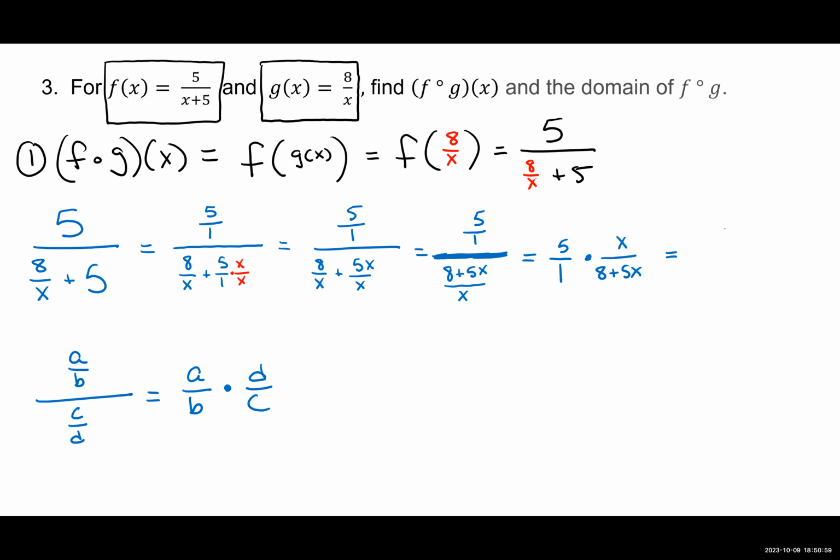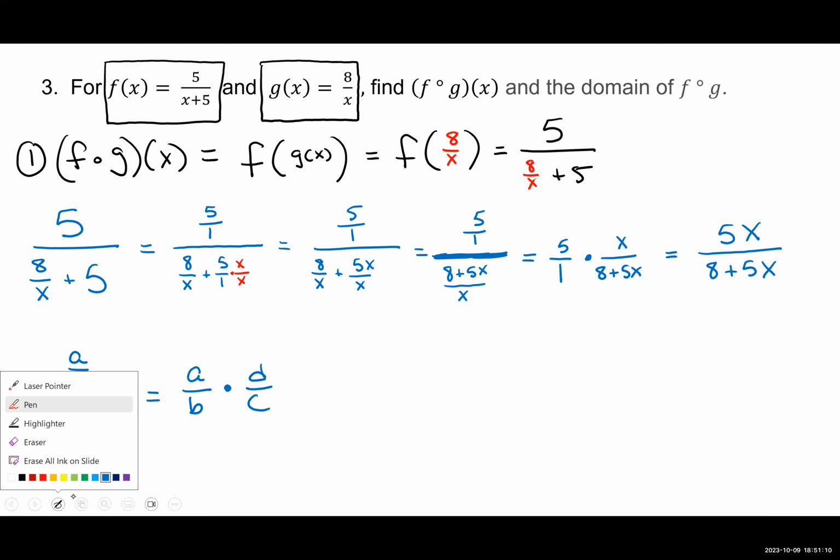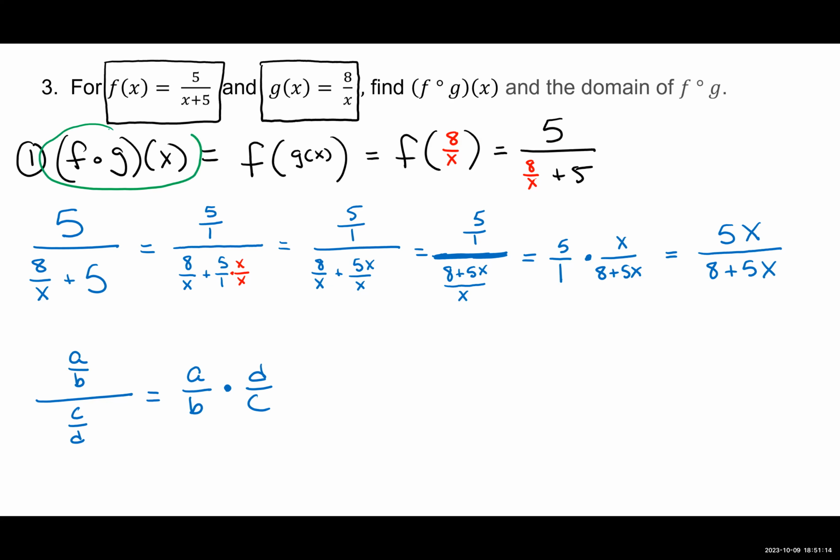So top times top, 5 times x, bottom times bottom, 1 times 8 plus 5x. And this would be our final answer, right? In simplified form. We no longer have a fraction inside of a larger fraction.